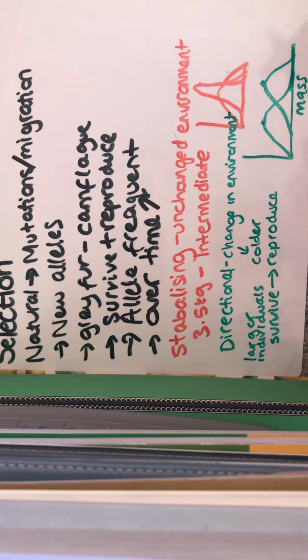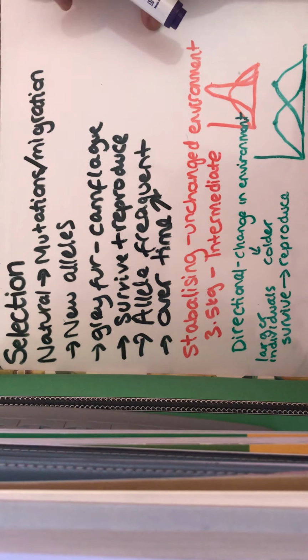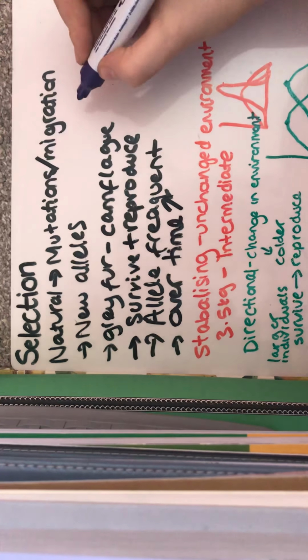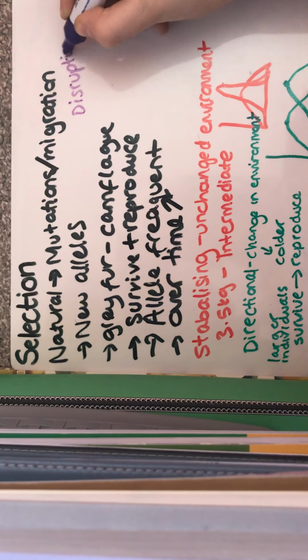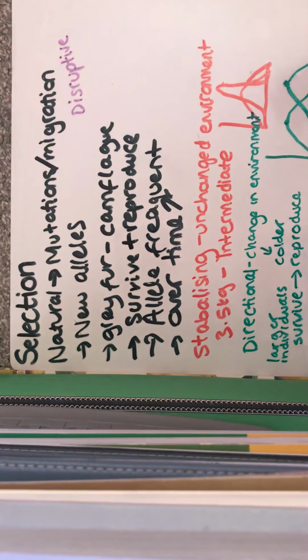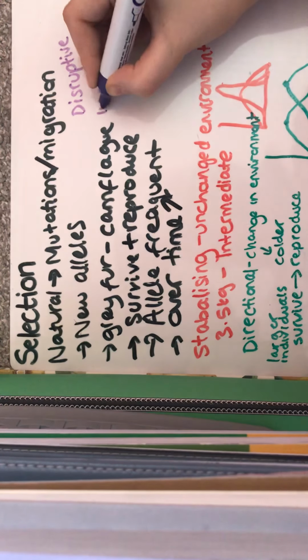The last type of natural selection that we're going to look at today is disruptive selection. So this favours both extreme phenotypes and not the intermediate phenotypes.